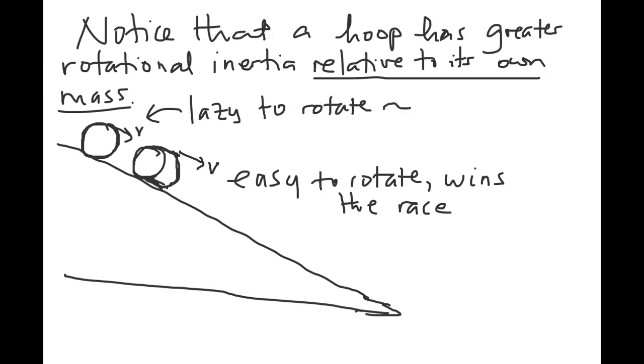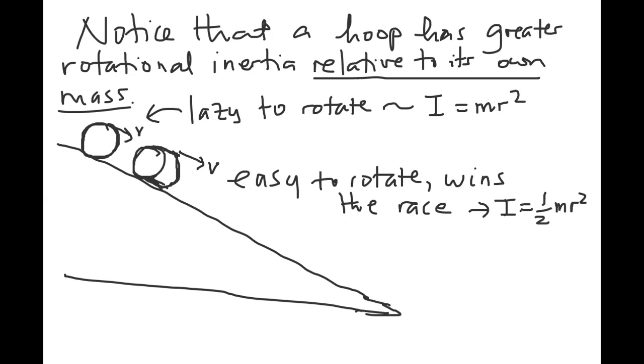Now remember, for this one the rotational inertia is m r squared, and for the solid cylinder the rotational inertia was 1/2 m r squared.